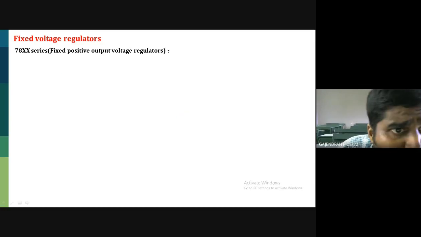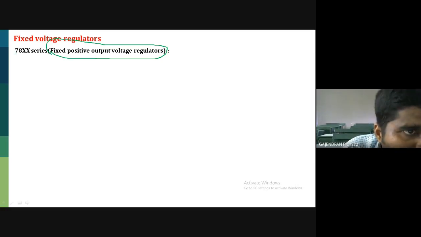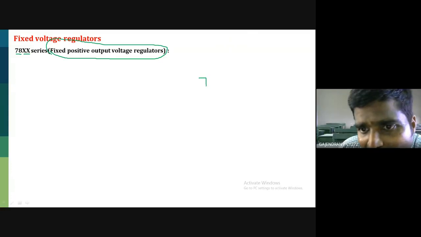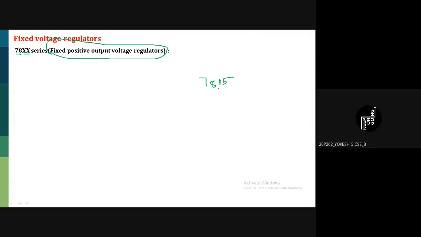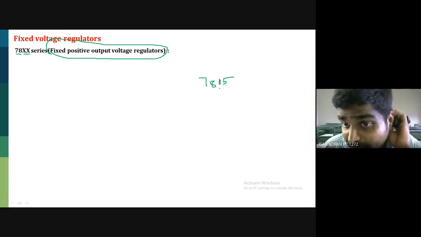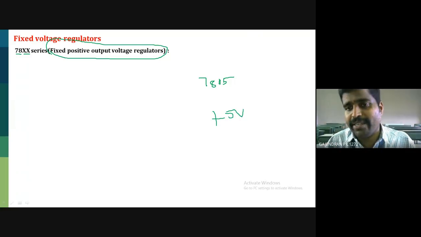For the fixed positive voltage regulator, the series is 78x. For example, 7805. Any guess from this number? 5 volt output will be constant. Very good. Plus 5 volt constant output voltage I will get.